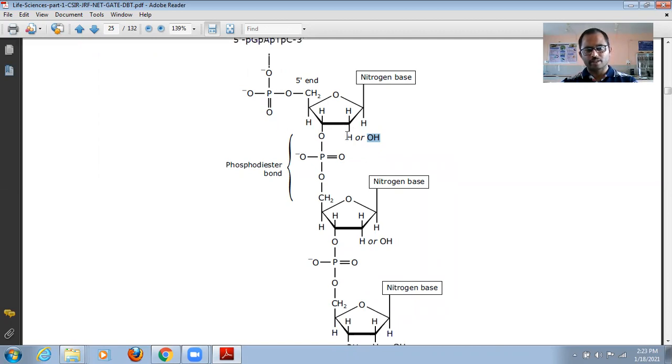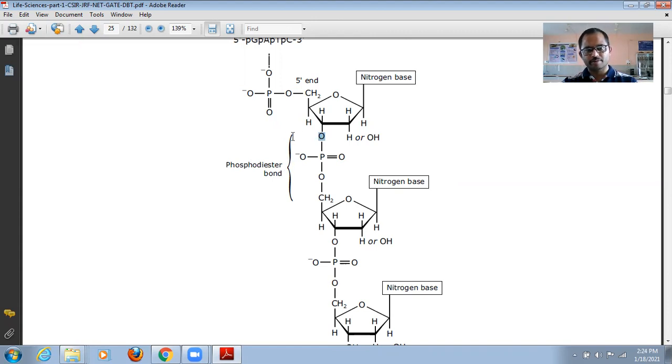This one is the 2' position and this one is the 3' position, which is the growing end of the DNA or RNA, and here the phosphate group is attached to the 3' position. When this phosphate group is attached to the hydroxyl group over here, they form a phosphodiester bond.